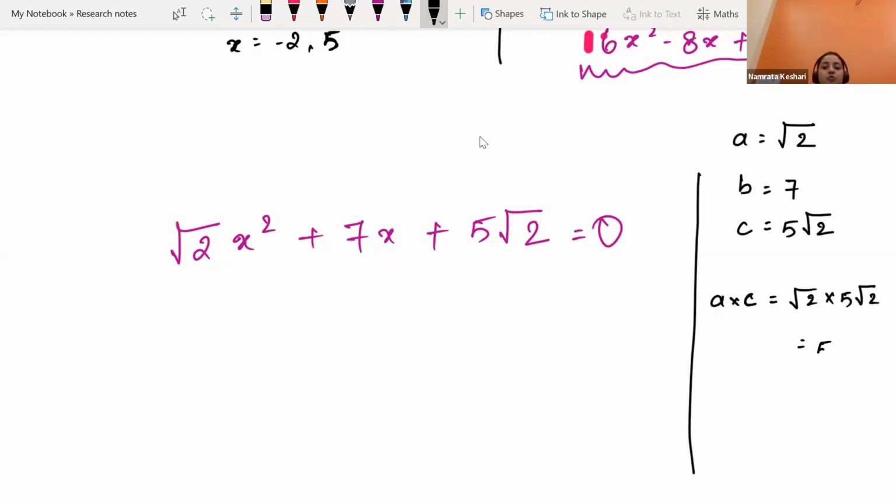Yeah. And root 4 will become, 4 is a perfect square number, so it will become 2. Yes, it will be just 2.